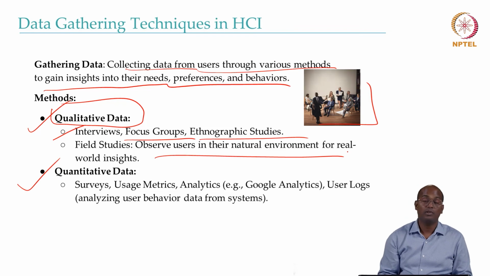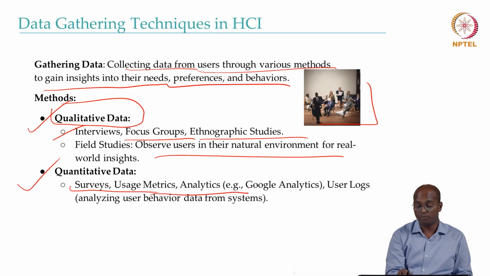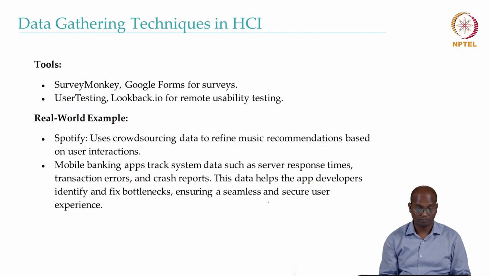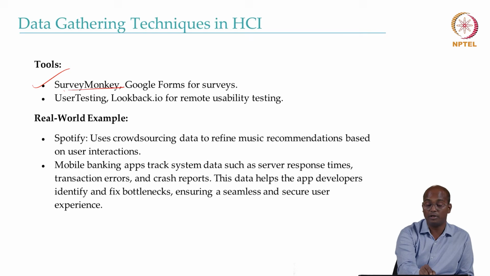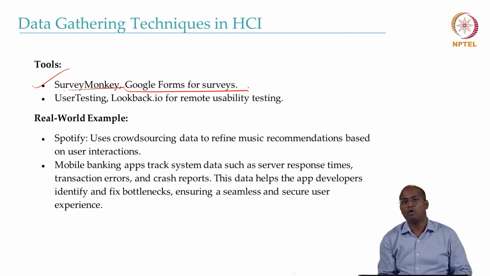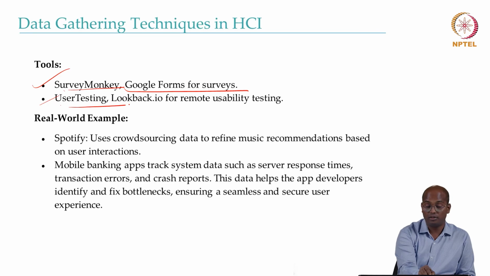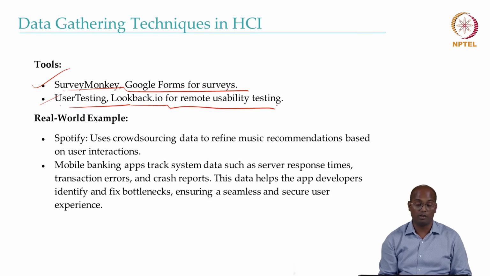You may have quantitative data, which you can collect using surveys, user metrics, analytics, user logs, and so on. Regarding tools, many of you might have seen SurveyMonkey and Google Forms, which are the most common tools for surveys. There are many others. Similarly, for user testing, people are using Lookback.io for remote usability testing, which is quite popular.